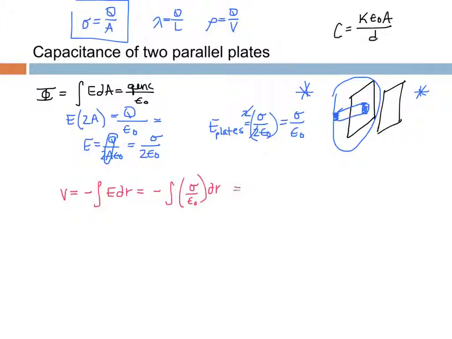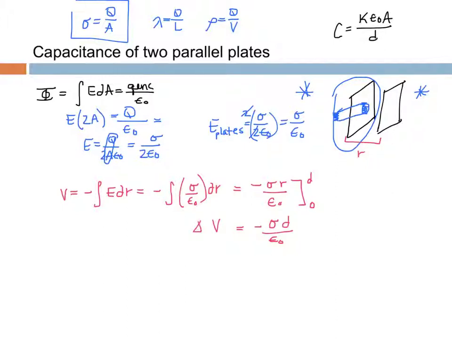When I take the integral of that, that gives me sigma r over epsilon naught, where r in this case is representing the distance in between these 2 plates. Another way to say that is 0 to d. So I get negative sigma d over epsilon naught. Again, this is my potential.